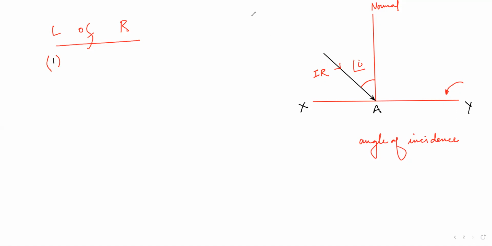So the law of reflection says if this is the incident ray, this will not be the reflected ray, but rather this will be the reflected ray. Why not this one? Because if this is the reflected ray, the angle of reflection is bigger than the angle of incidence. No way.